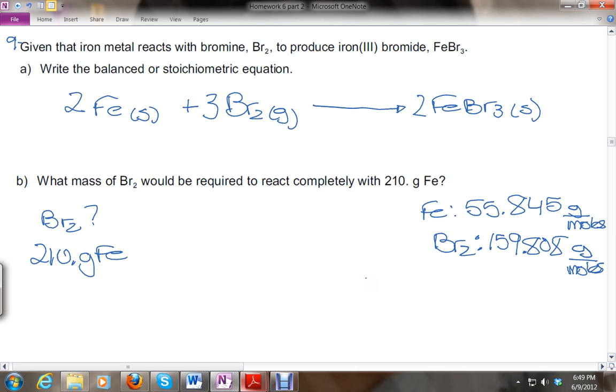And then let's calculate the iron(III) bromide, which is going to give you iron 55 plus 3 times 79.904. It's going to give you 295.557 grams per mole.